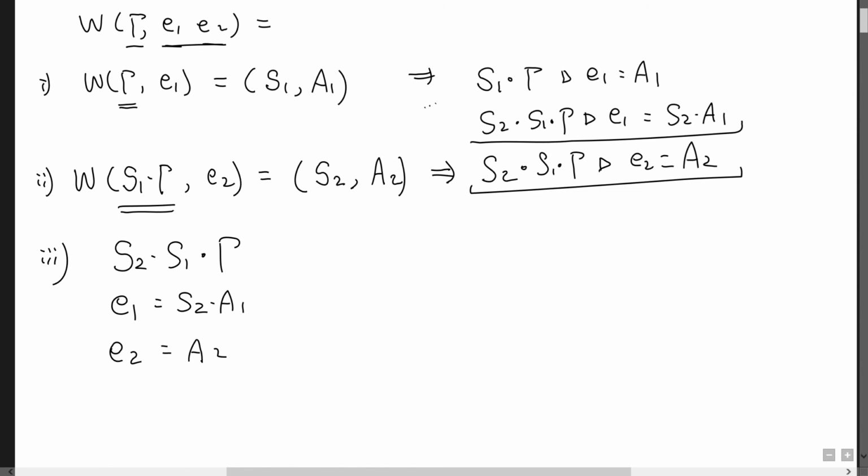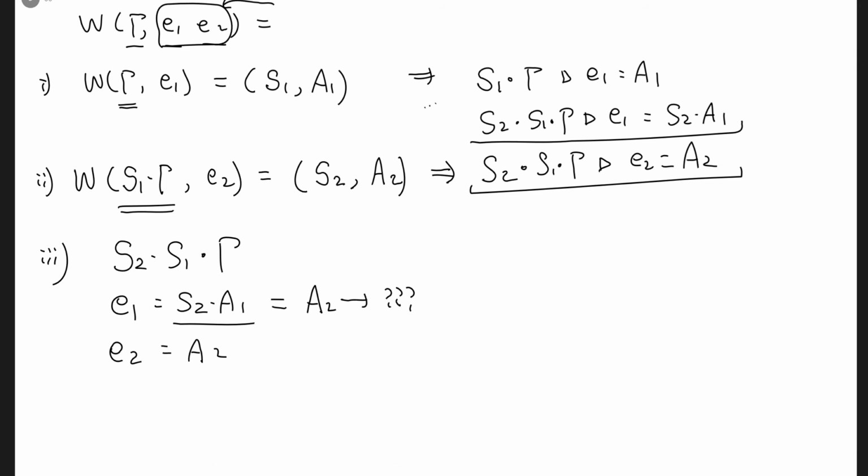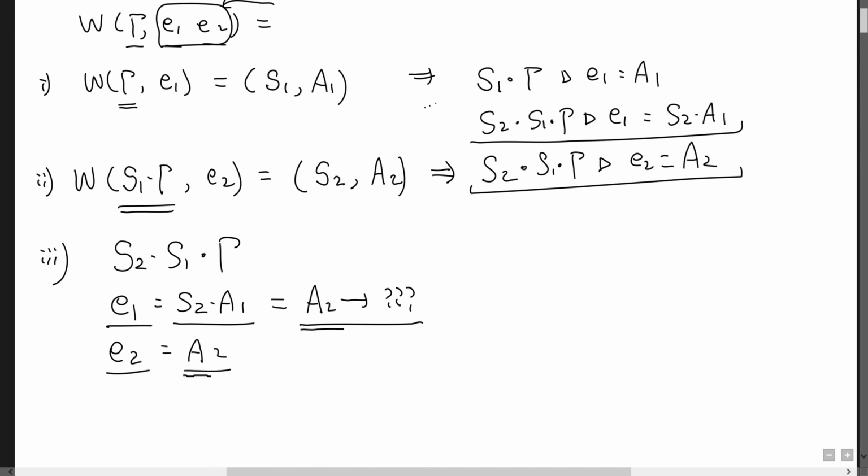But we are looking at this lambda application. So in order to assign a valid type to this application, the type of expression E1 must have this form, A2 arrow something. Otherwise, the whole expression fails to type check. E1 is applied to expression E2, so therefore, it must have this function type, and moreover, the argument type must be equal to the type of the argument.